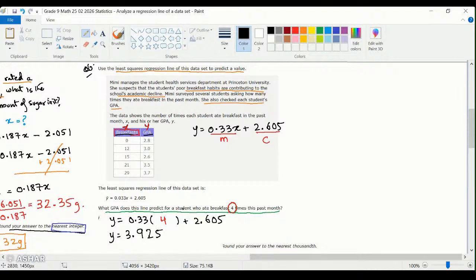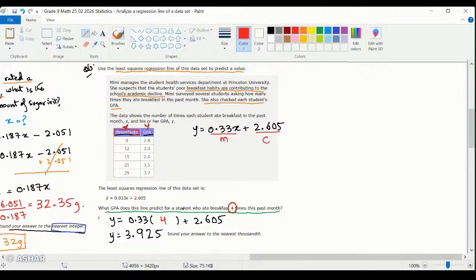We have to give the answer to the nearest 1,000, right? Okay. Let's multiply it again. 0.33 multiplied by 4, that is 1.32, plus 2.605, I'm just confirming, 3.925, right? So that means the answer is already rounded off to the nearest 1,000. So this is our answer.